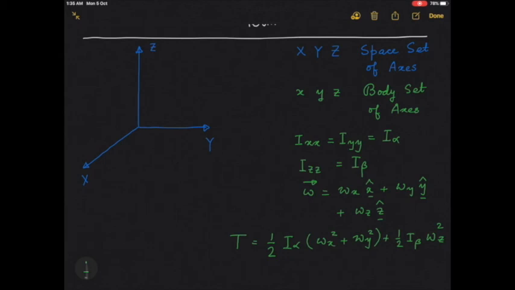Now, what is the instantaneous orientation of the body of the symmetric top? Well, I can say that the symmetric top z axis is along this line. So this is z, small z.